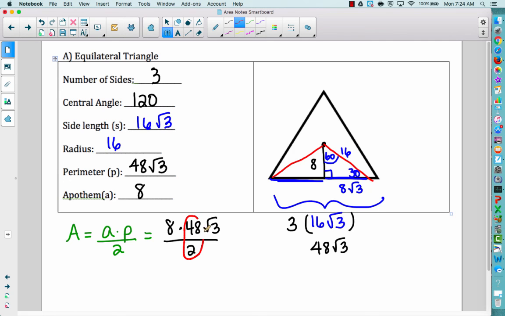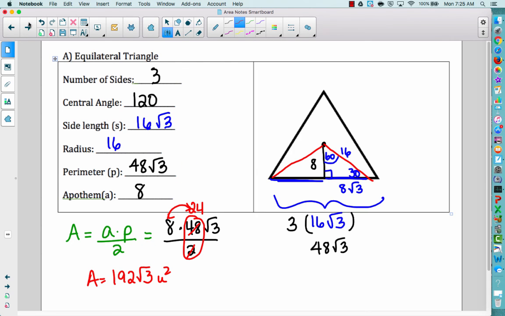So I'm going to simplify the biggest numbers. So 2 goes into 48 24 times. Then I multiply the rational parts here. So 8 times 24, which is going to give me 192 root 3 units squared. And that's an exact value.